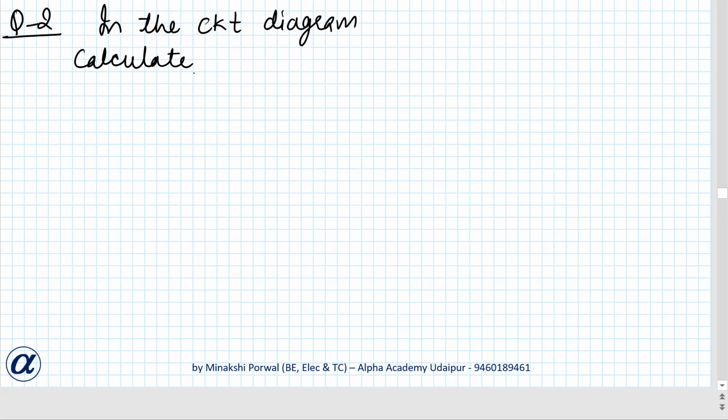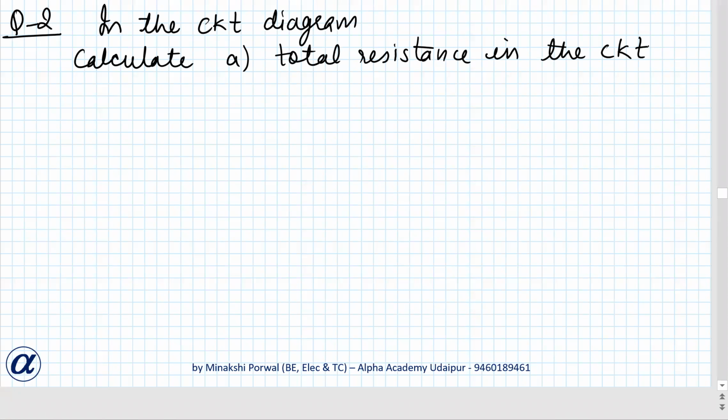Next question, question 2. In the circuit diagram, calculate a, total resistance in the circuit. CKT is actually the short form of circuit. Okay, B, total current flowing through the circuit.